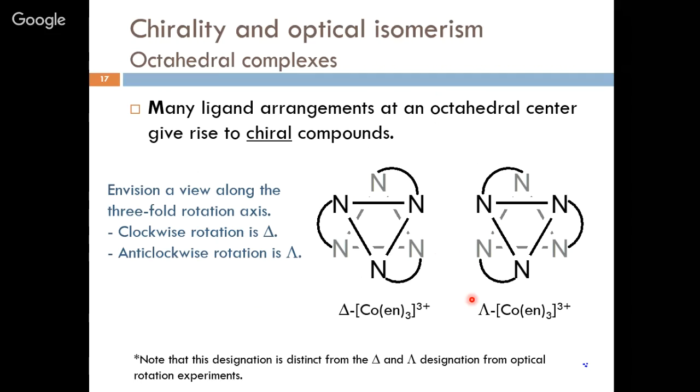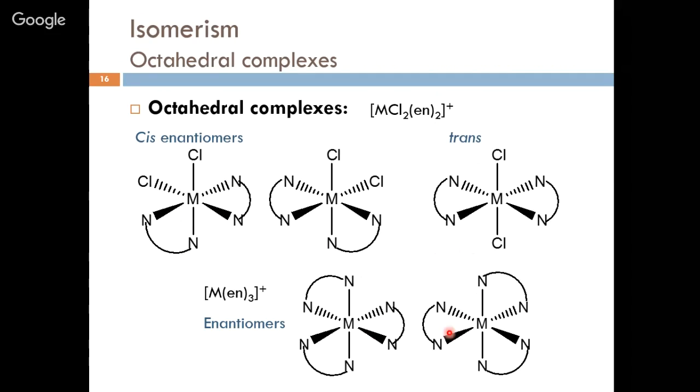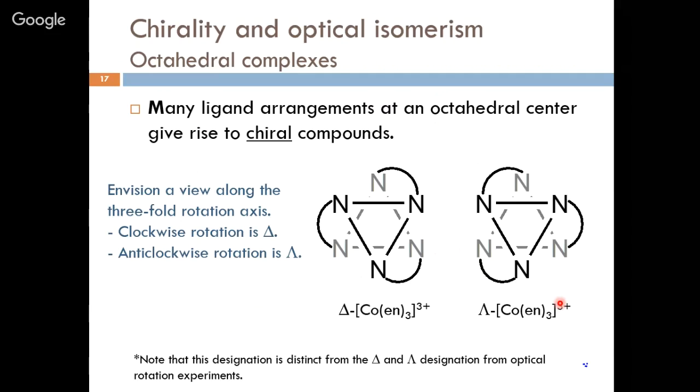So let's look at that last one. These two enantiomers, let's look at those a little more closely. These are optical isomers and give rise to what are known as chiral compounds in this context.